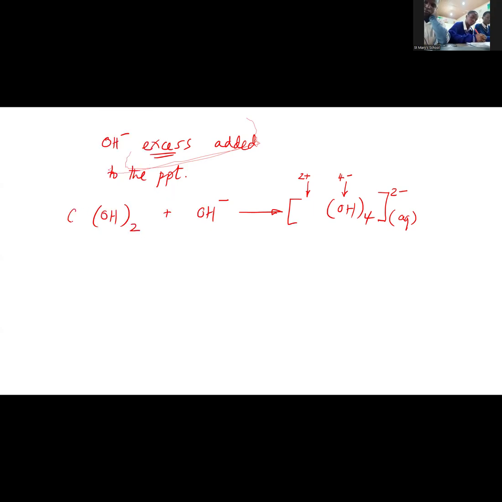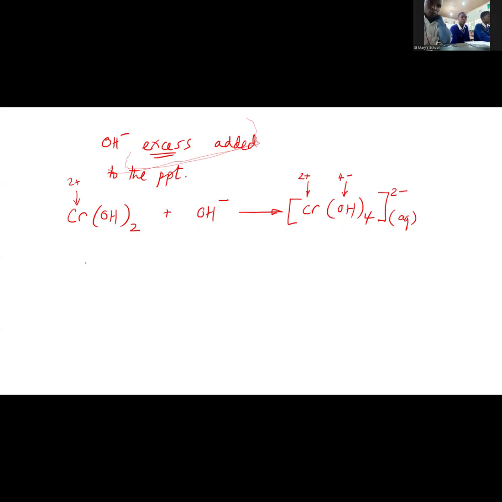So in this case, I would get chromium here and chromium here. It's exactly the same. Because this chromium is 2 plus and amphoteric, therefore it would do this thing.